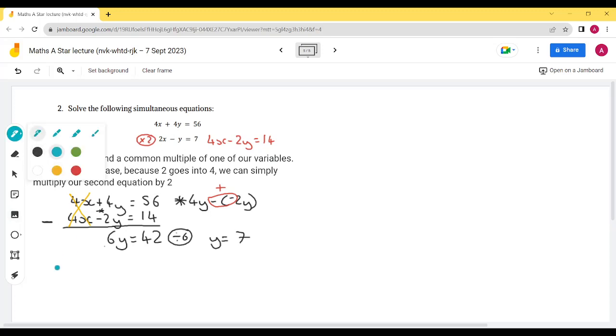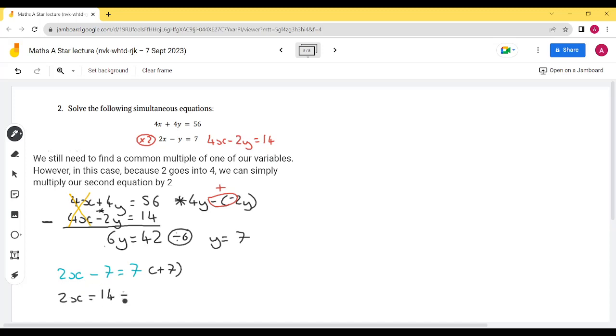So we've got 2x minus 7 equals 7. And so to solve this, we're just going to add 7. That's going to leave us with 2x equals 14. Divide by the amount of x's, so divide by 2, and so x also equals 7.